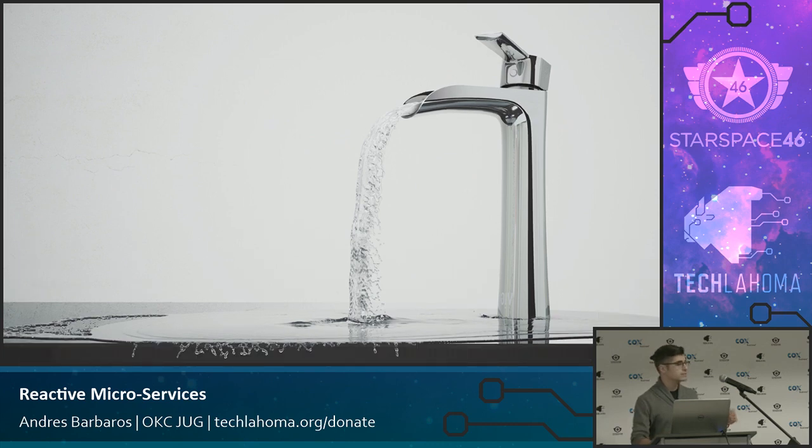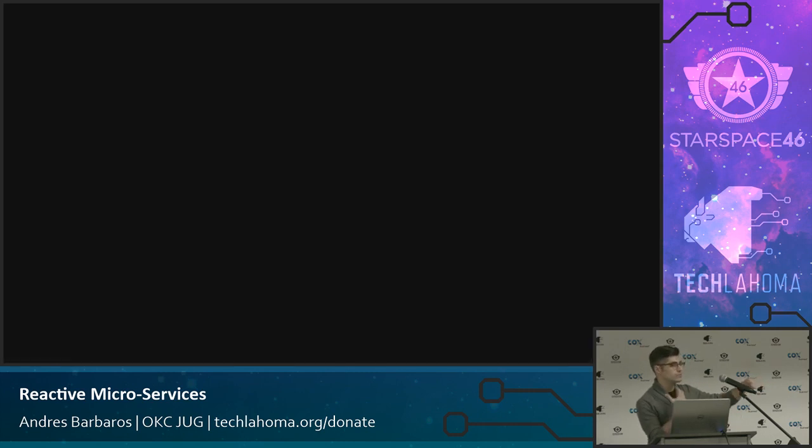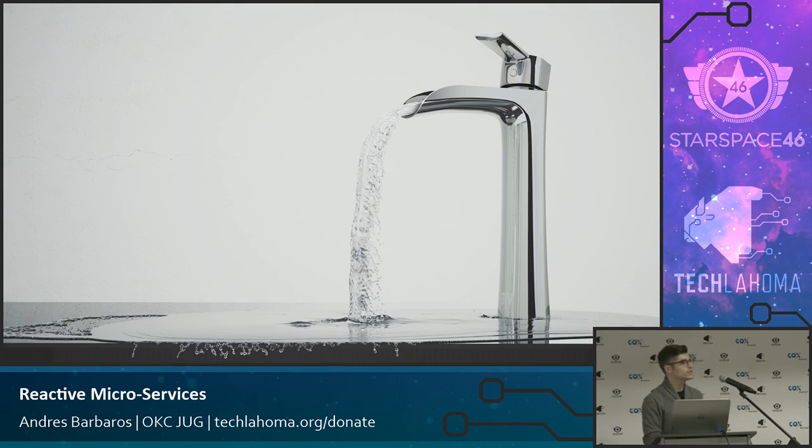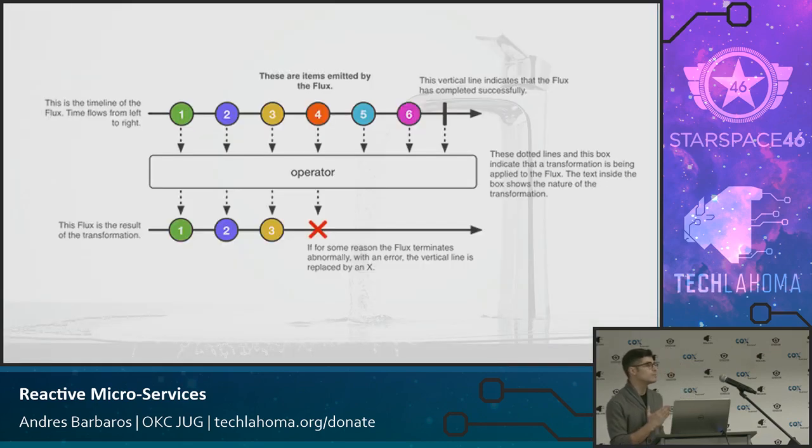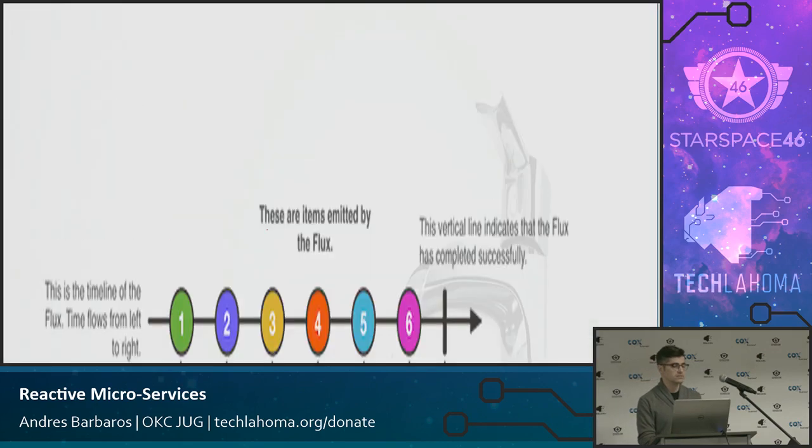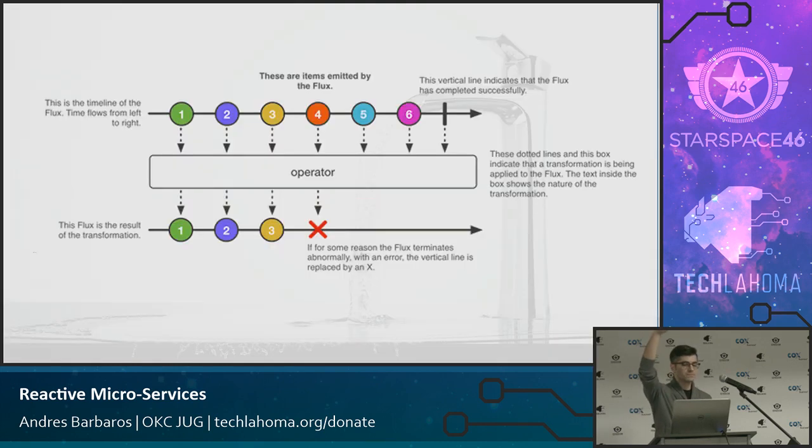Meaning that the flux is like you open the tap, and if there is water, it comes out, and you don't know how much and how strongly it will pour out. And you don't know when the water is going to end. And the flux allows you to manage all this. You have a server that's sending events, and a client that manages them. And you can interact with them.